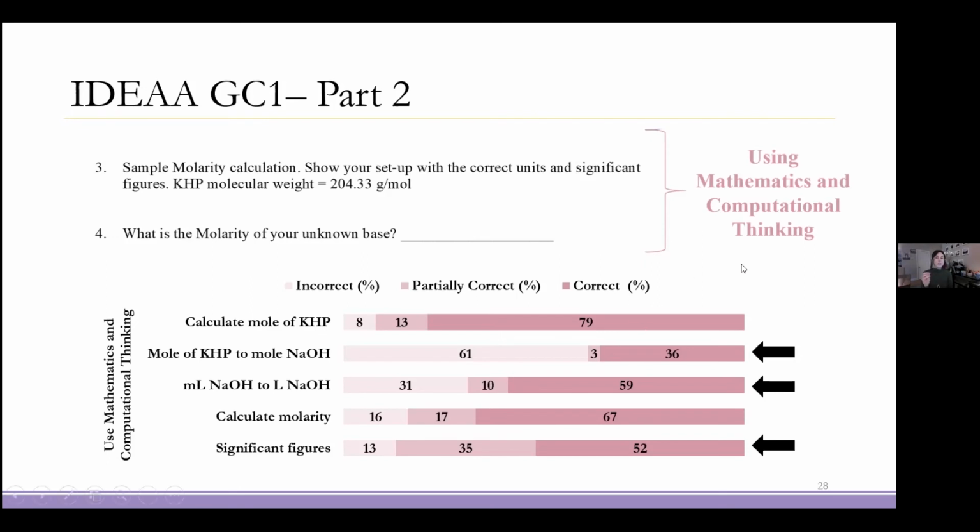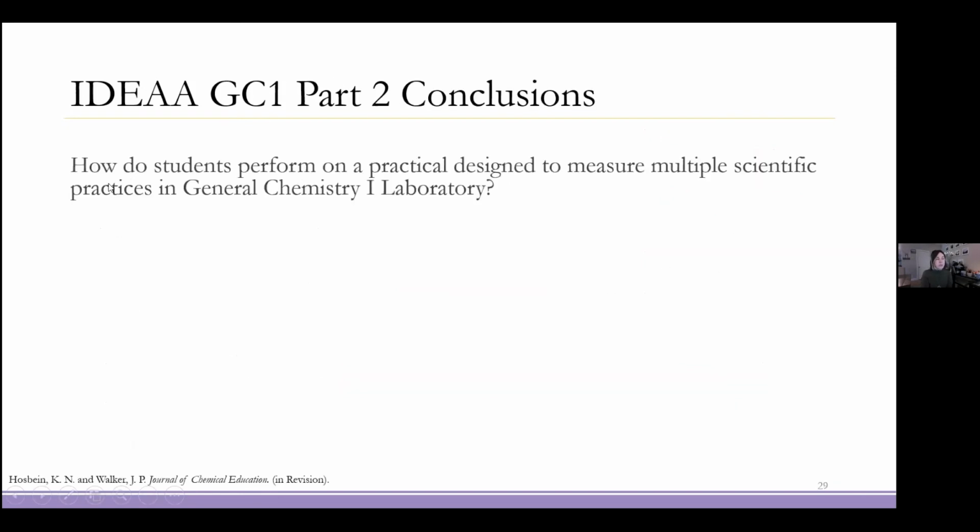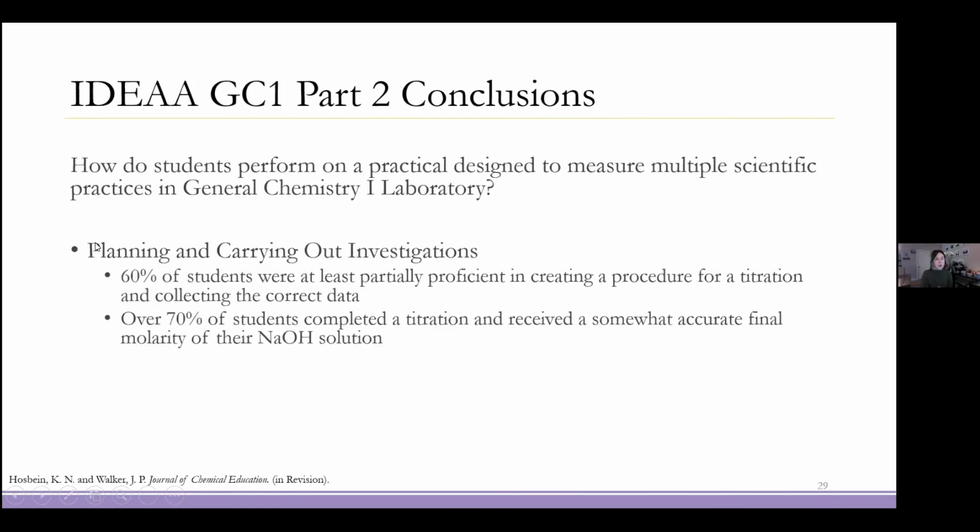And so again, this points to the fact that we need to reconsider either how we're assessing them or how to focus on this type of analysis, because in this way, we're focusing on algebra, and we know that that's an issue for students. So to conclude part 2, when asked to plan and carry out investigations, 60% of students were at least partially proficient in coming into class, performing a titration from memory, and writing out that procedure.